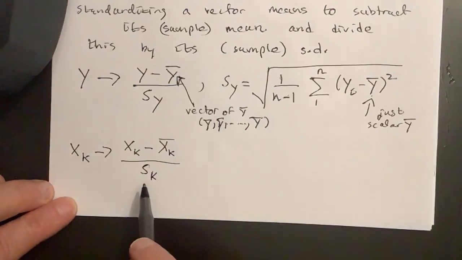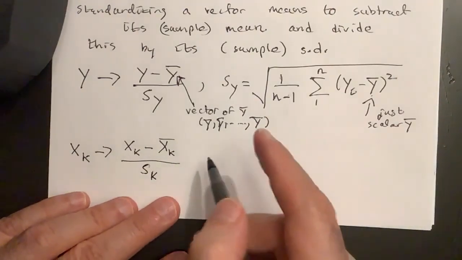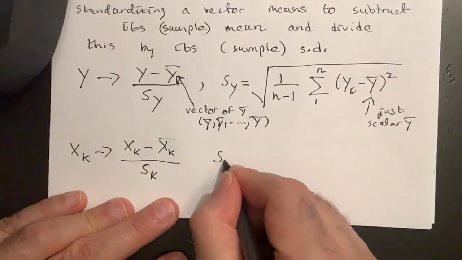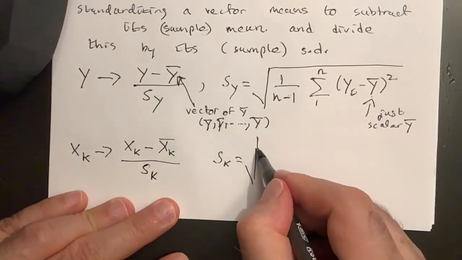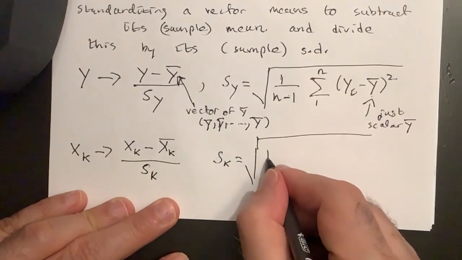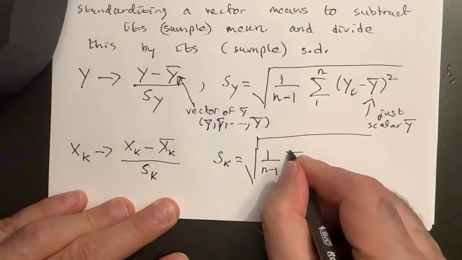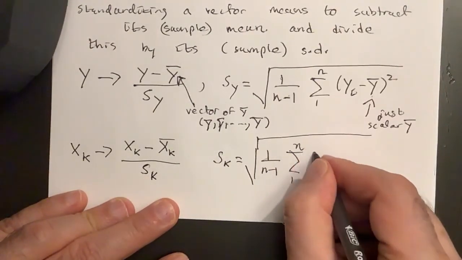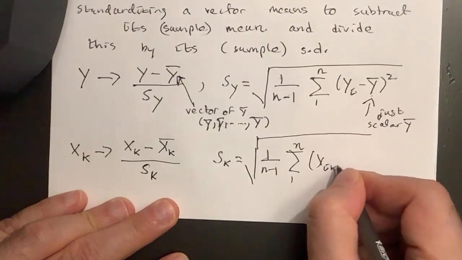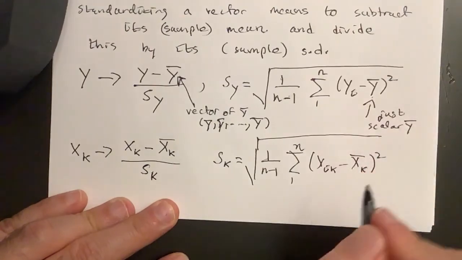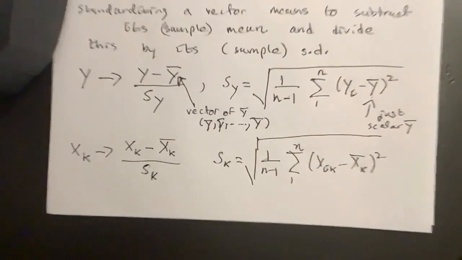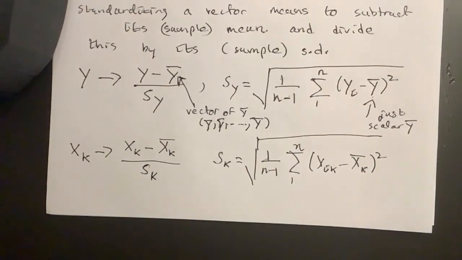We won't write s of x_k, that's a little redundant, so we just write s_k.